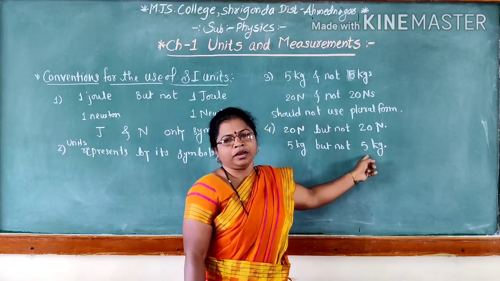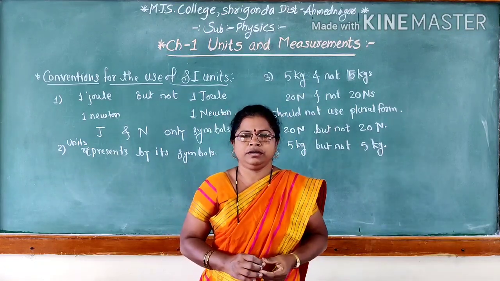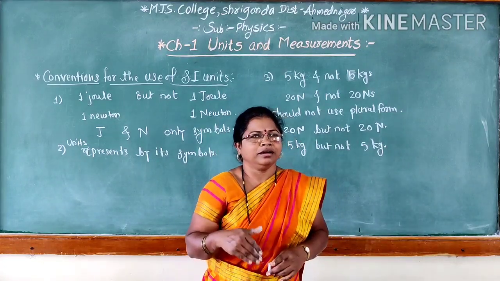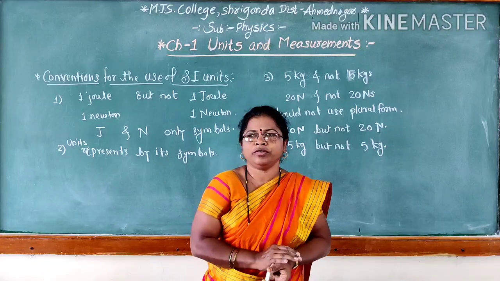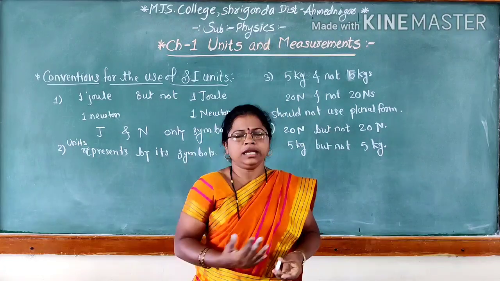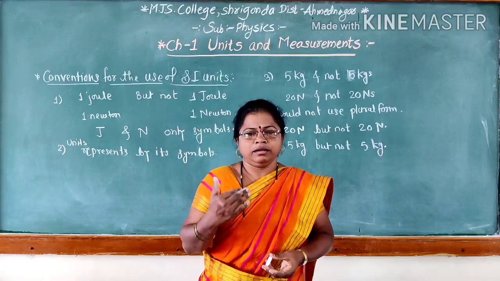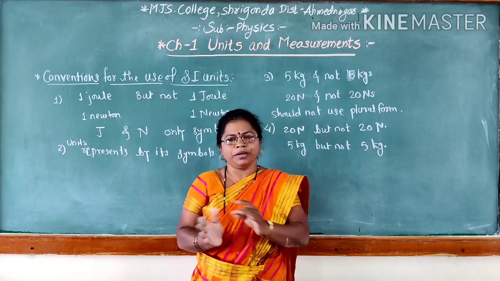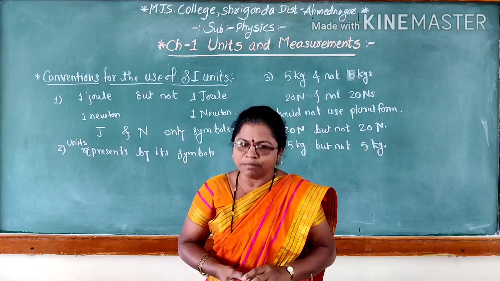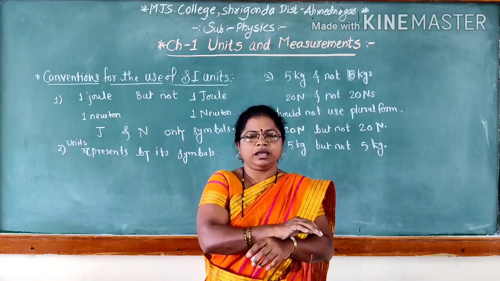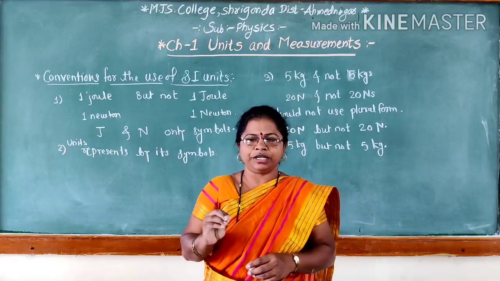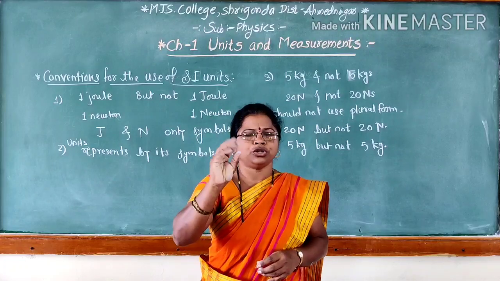The next one is the use of a combination of units. That means, suppose there are derived quantities, for example velocity. What is the unit of velocity? Meter per second. In the case of a derived quantity, there is a combination of more than 2 units. Then symbols for these units should be avoided when a physical quantity is expressed by a combination of units.